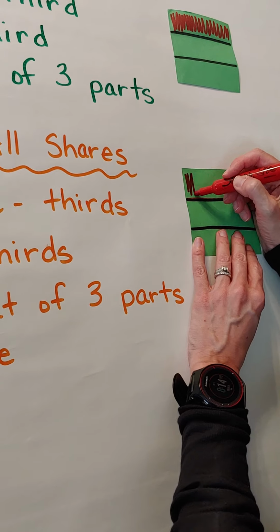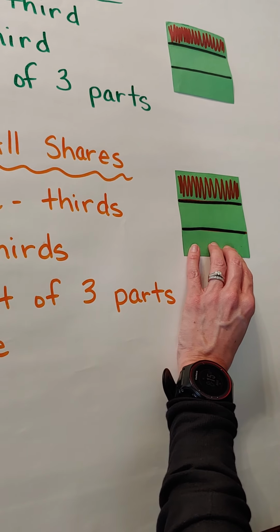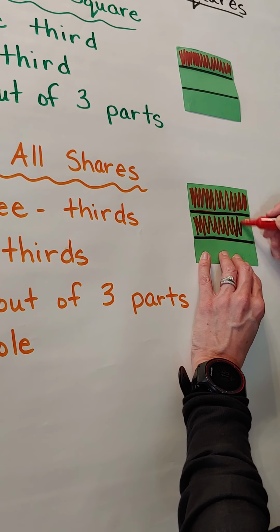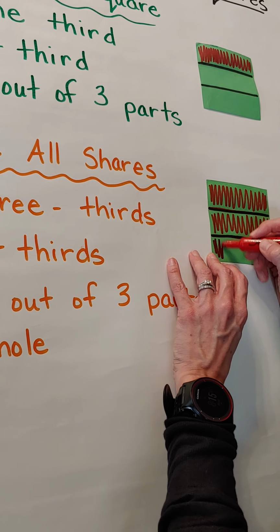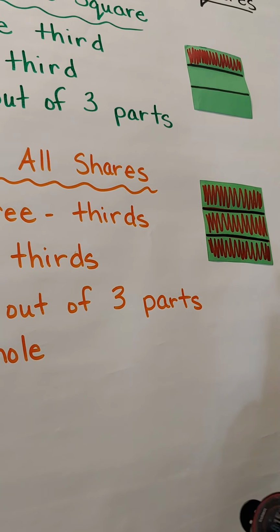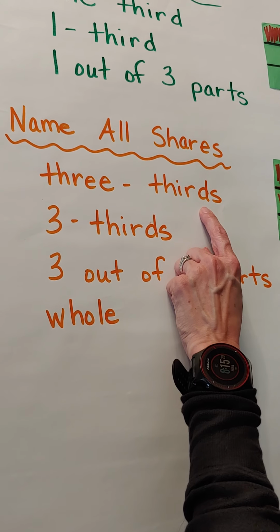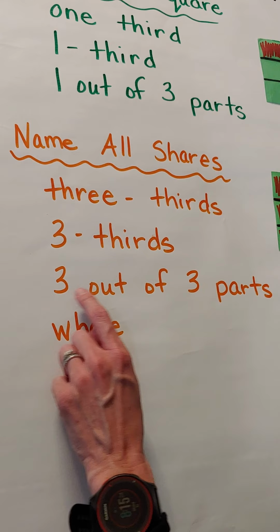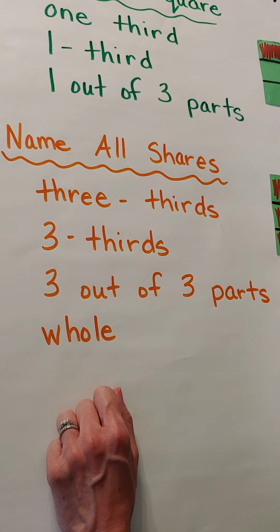So this would be 1/3, or 1 out of 3, 2/3, or 2 out of 3. This would be 3/3, or 1 whole. Notice we could use the number 3 and the word thirds. 3 out of 3 parts, or 1 whole.